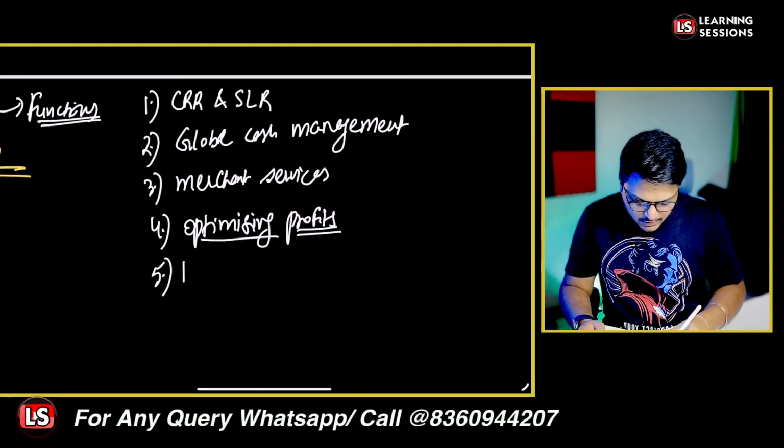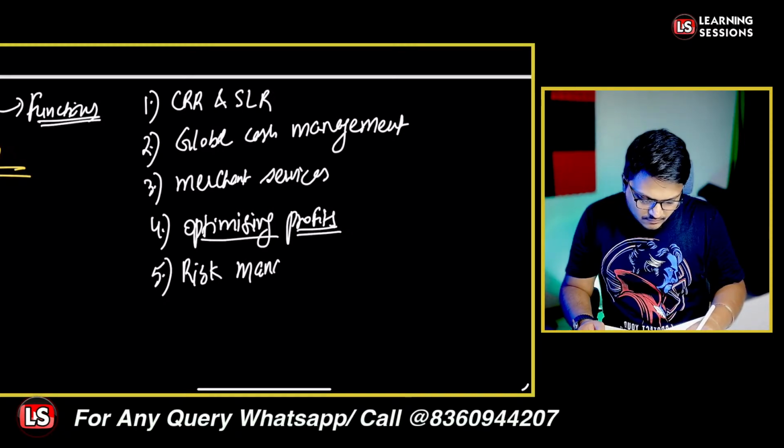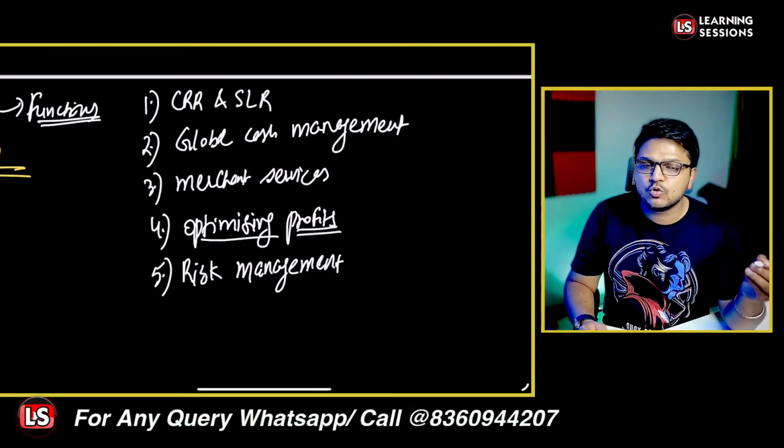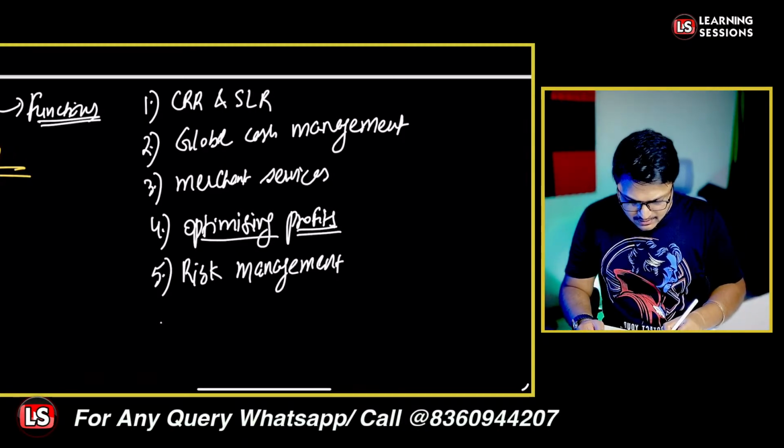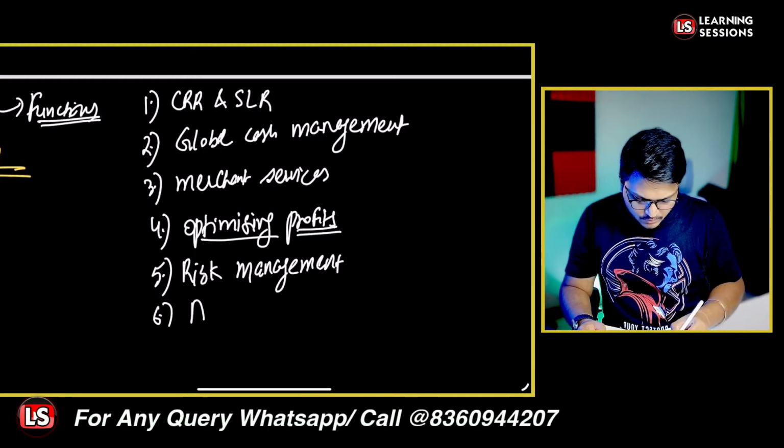The fifth one, as I have already conveyed, is risk management. Risk management is also the duty of the treasury. And also, assisting the bank in asset liability management, that is ALM, is to be done.